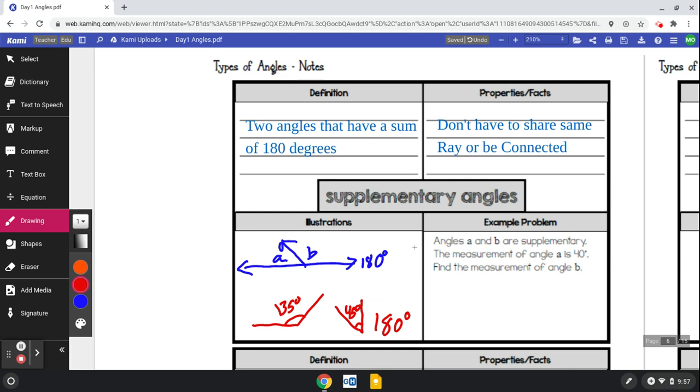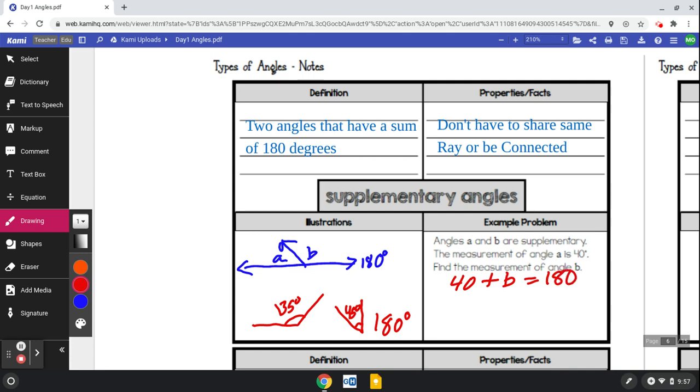Okay, an example problem, a word problem you might see: angles A and B are supplementary. The measurement of angle A is 40. Find the measurement of angle B. So what you would need to do there, we know A and B make 180. So I know 40 plus angle B is going to equal 180.